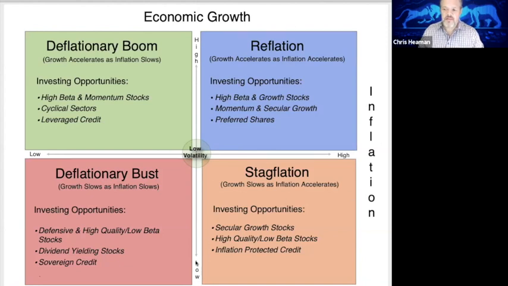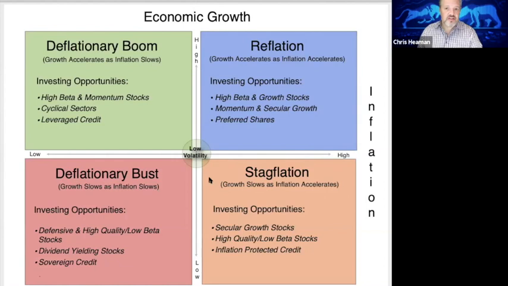So as economic growth is increasing, while inflation is rising, from low to high on this axis, if we have a high inflationary environment, then this particular area to be invested in works very well. And it allows us to stay away from some things that won't work very well in these conditions.